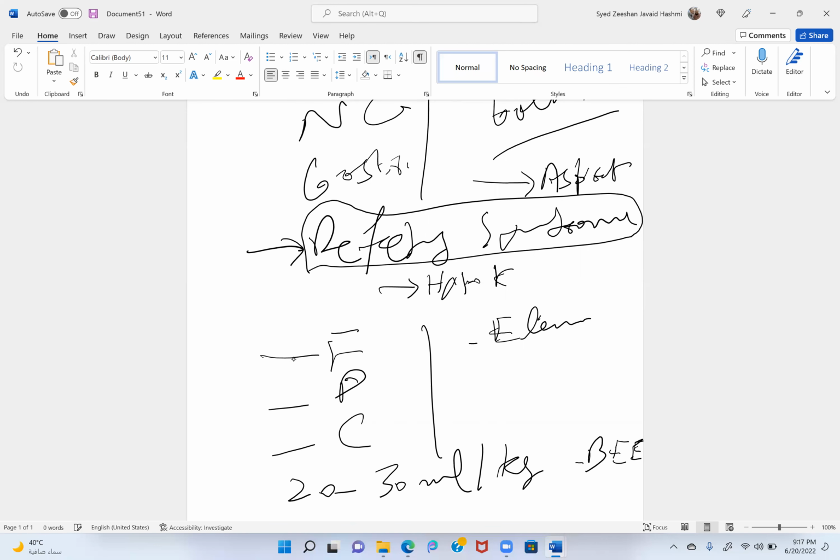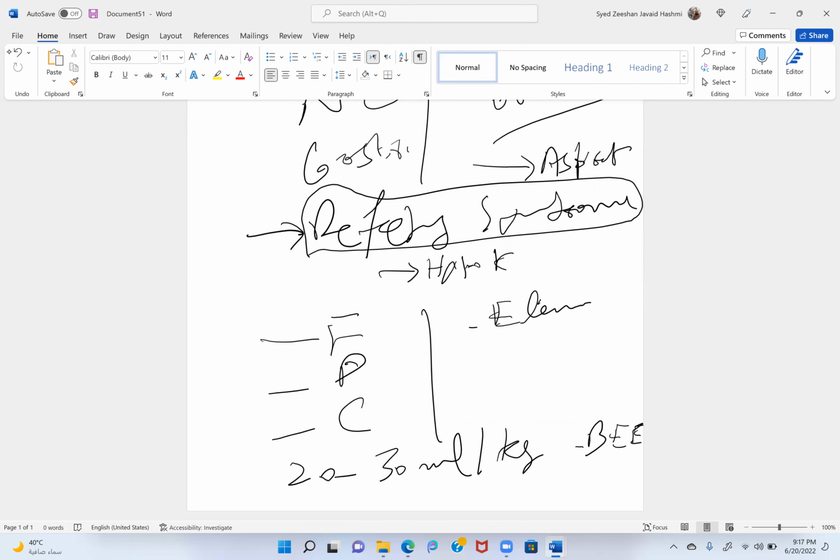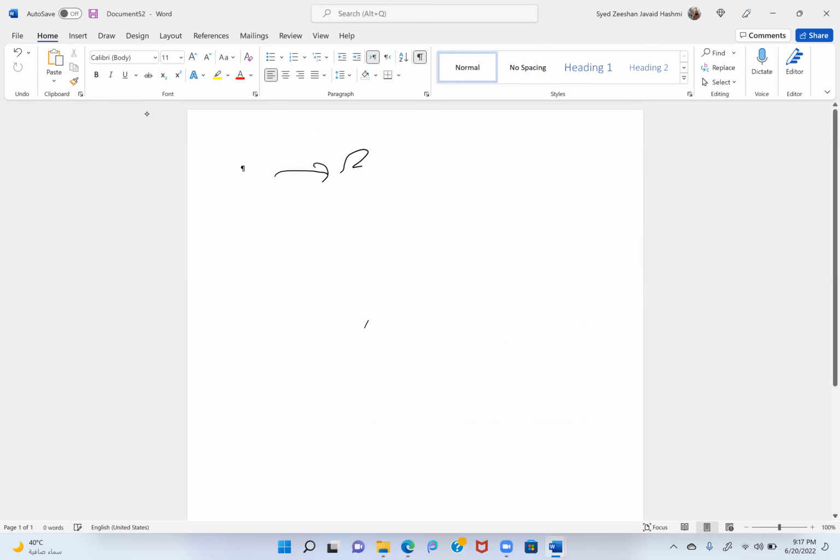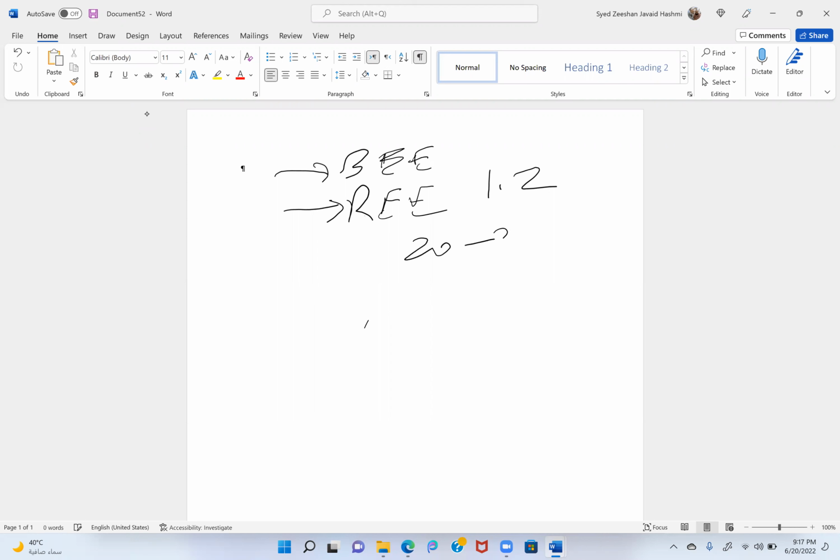When the patient is NPO, we start with the basal energy expenditure, and when the patient is having the feed, then it is resting energy expenditure. You multiply it by 1.2. I will just try to give you an idea.